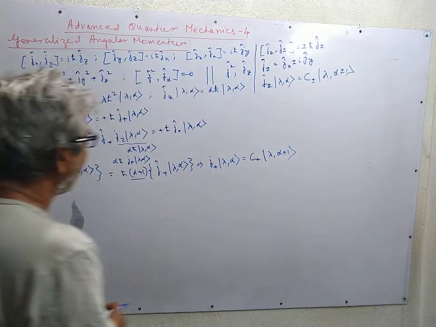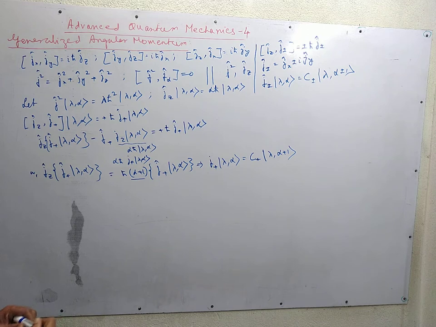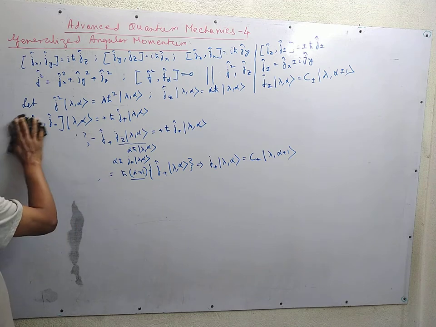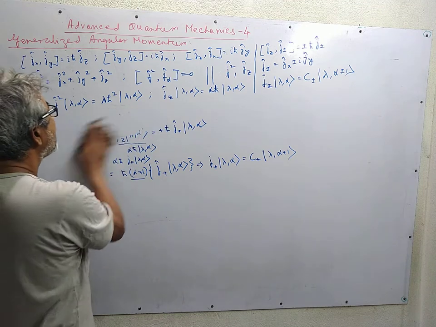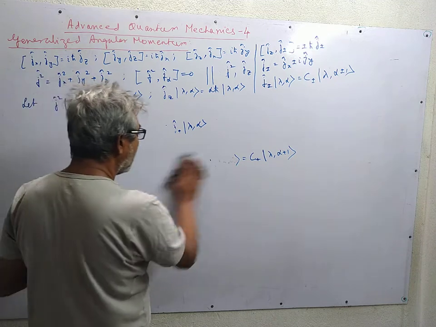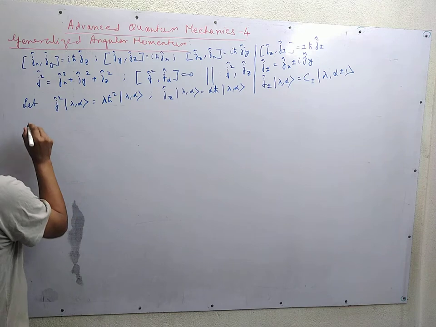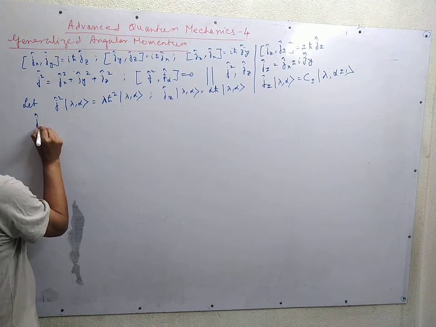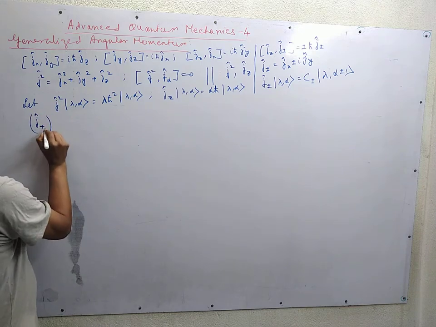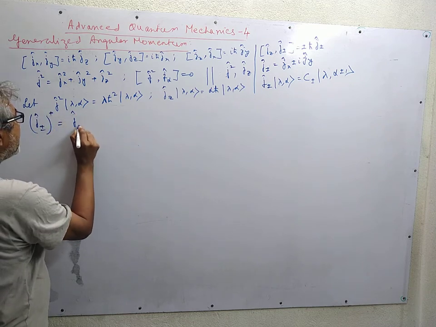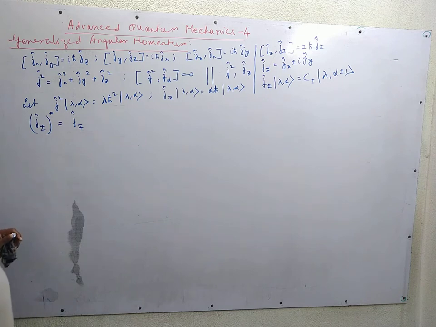Our aim is to find out the constants C±. To this end, we recall that the Hermitian conjugate of J+ is J-; one is the Hermitian conjugate of the other.